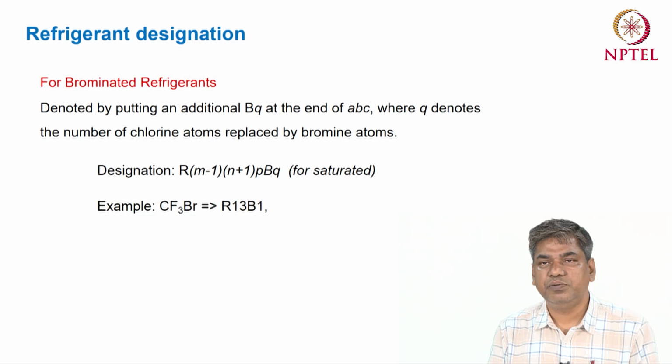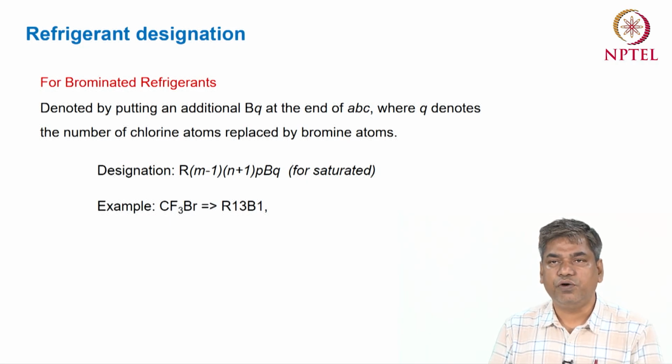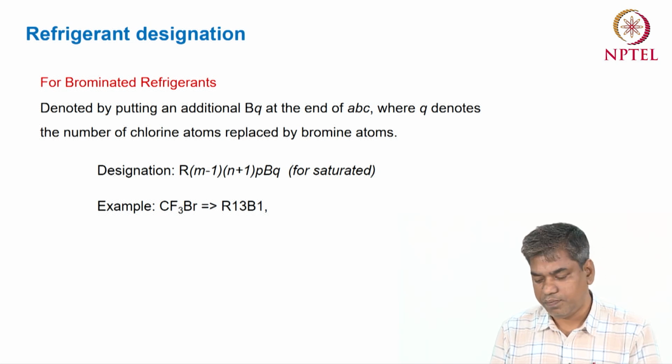Let's say for example CF3Br. For this case, the number of Br atoms is equal to 1. The C is 1, and the first digit is 0 because hydrogen is 0 basically. So we can say that it is R13B1.